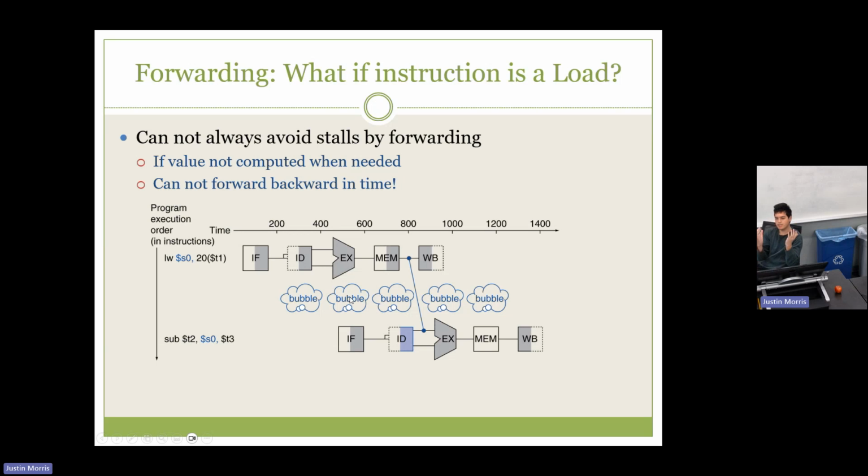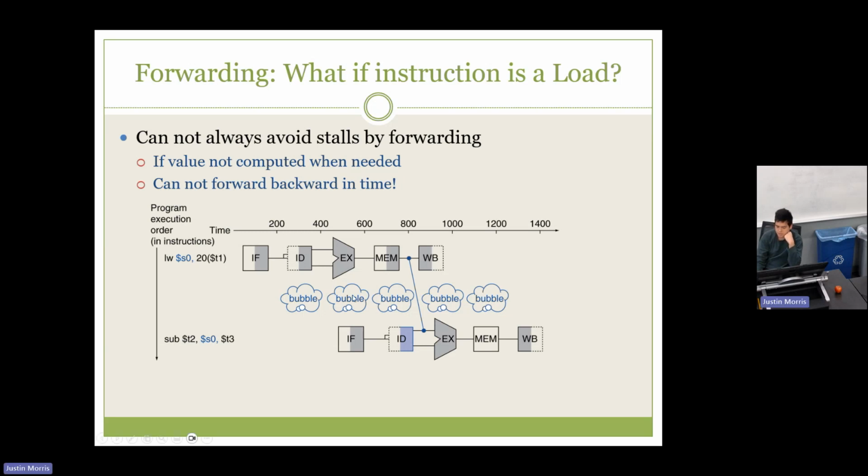And it's inside this decode stage that we see, I'm trying to read from register S0. The instruction in front of me is a load word, and it is writing to register S0. If it's an R type, I have no problem, right? But since it's a load word, I know based on my architecture that I have to stall one cycle, right?